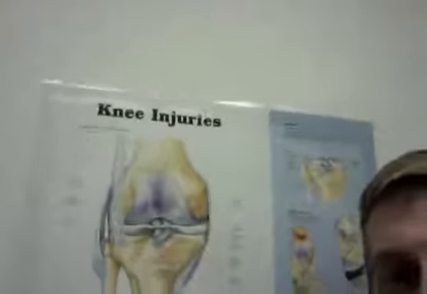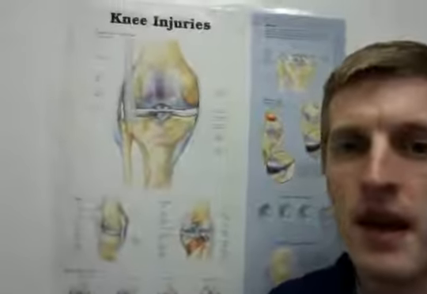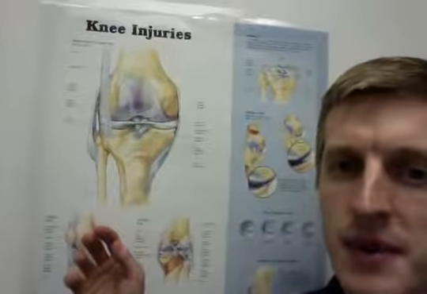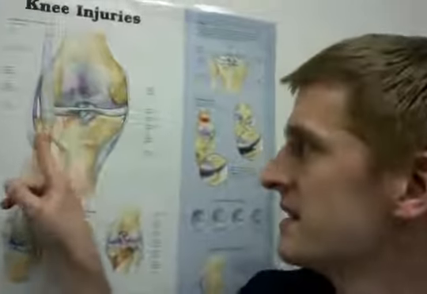So what is your meniscus? Well, I might be able to find a picture here. Here's a good one. So this is your knee joint, and it's a little backwards, but that's okay for our purposes. Here's the front of your knee, and here's your meniscus.